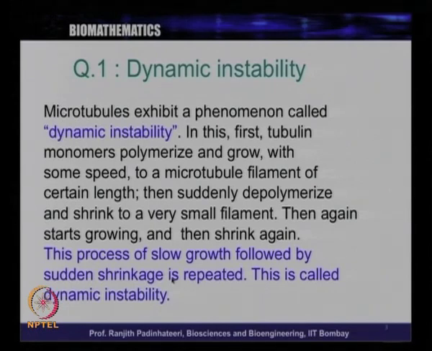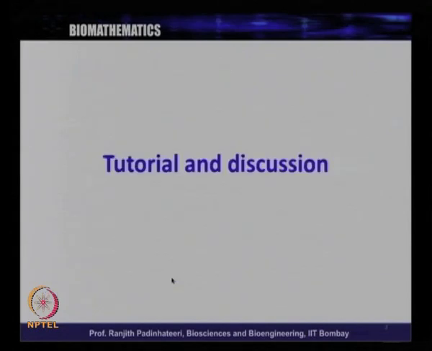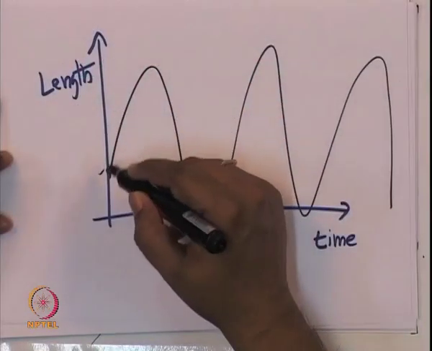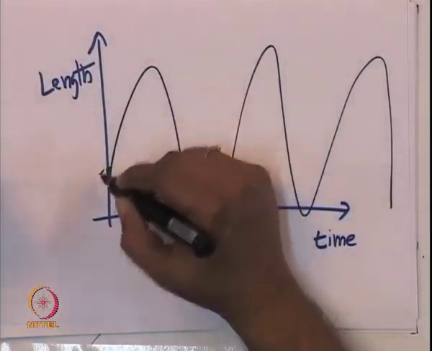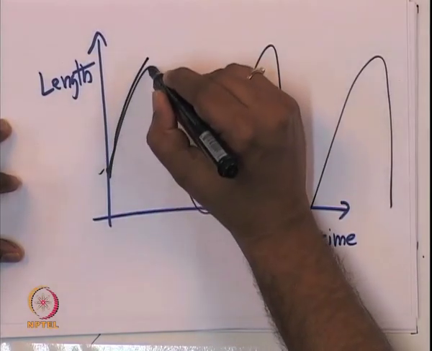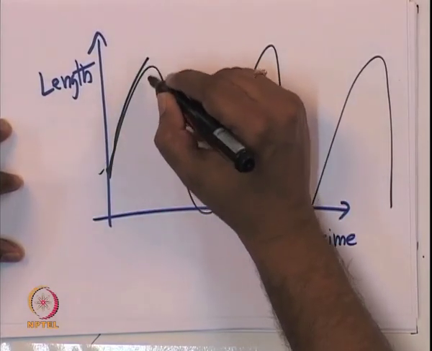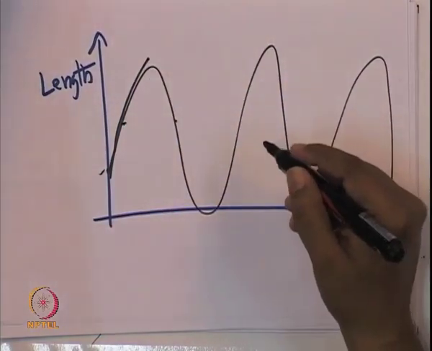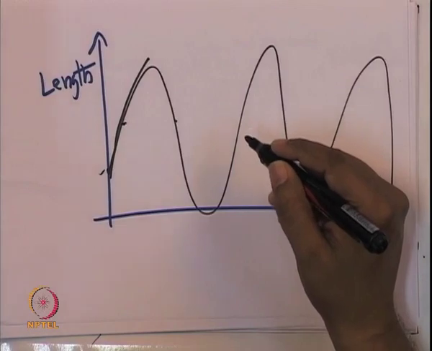Slow growth means the speed is very low. So, what is speed? Speed is basically how fast it grows. If it grows slowly, the shrinkage has to be faster than that. So, this slope has to be larger than this, it has to shrink faster.